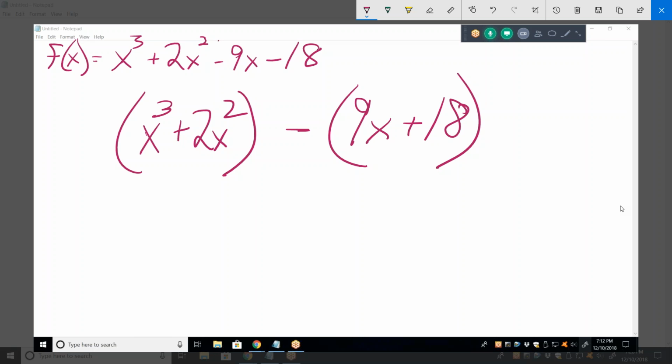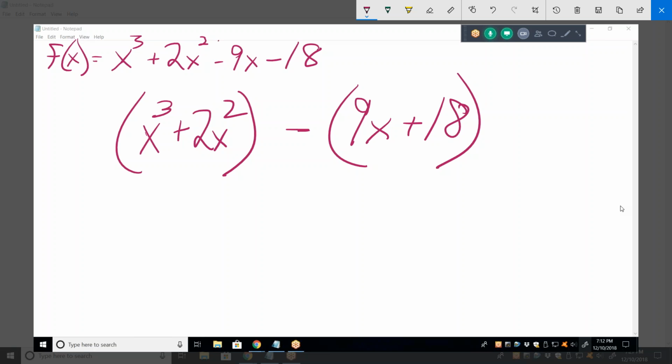Now, greatest common factor. Take what's in the parentheses on the left and factor out the greatest common factor. What do you get? What's the greatest common factor, first of all? Oh, wait. 2? Not 2. You can't divide x cubed by 2. Greatest common factor has to be divisible into every term.